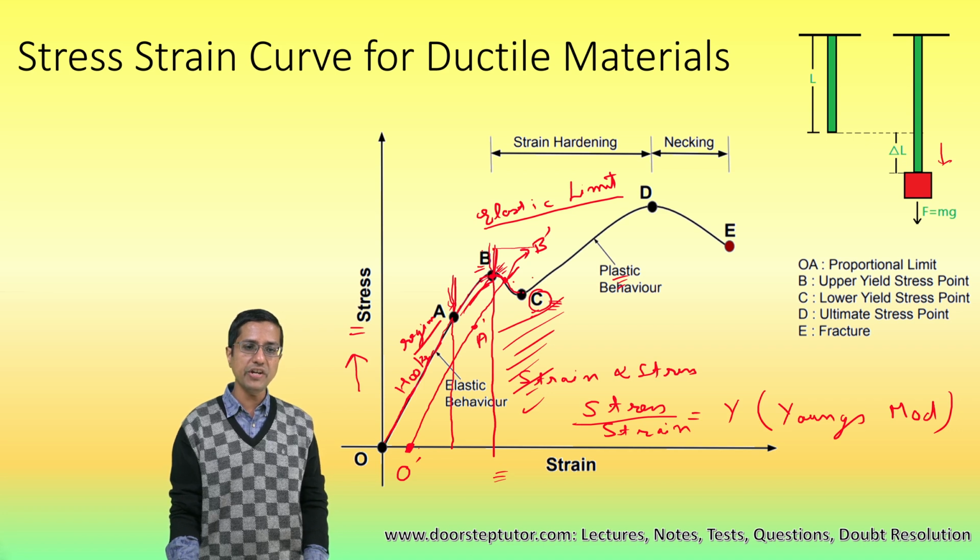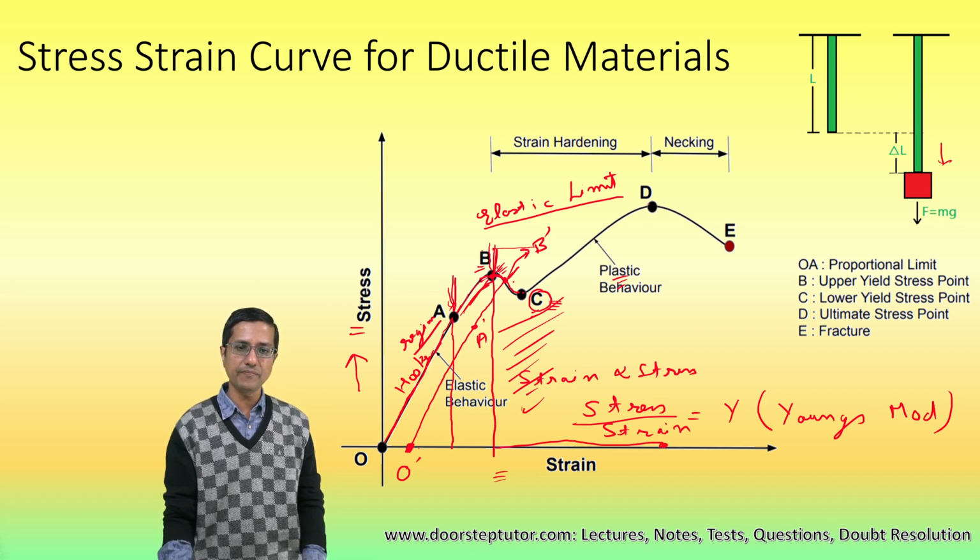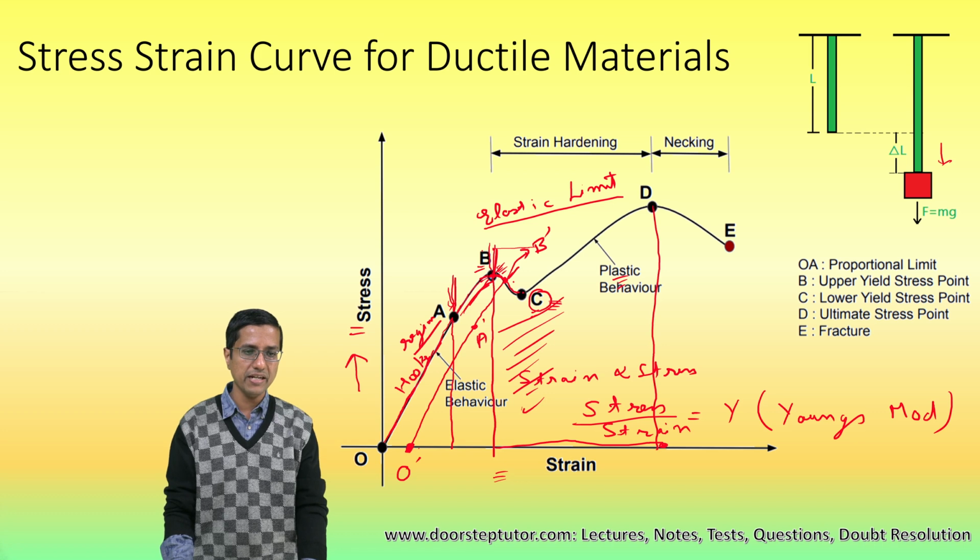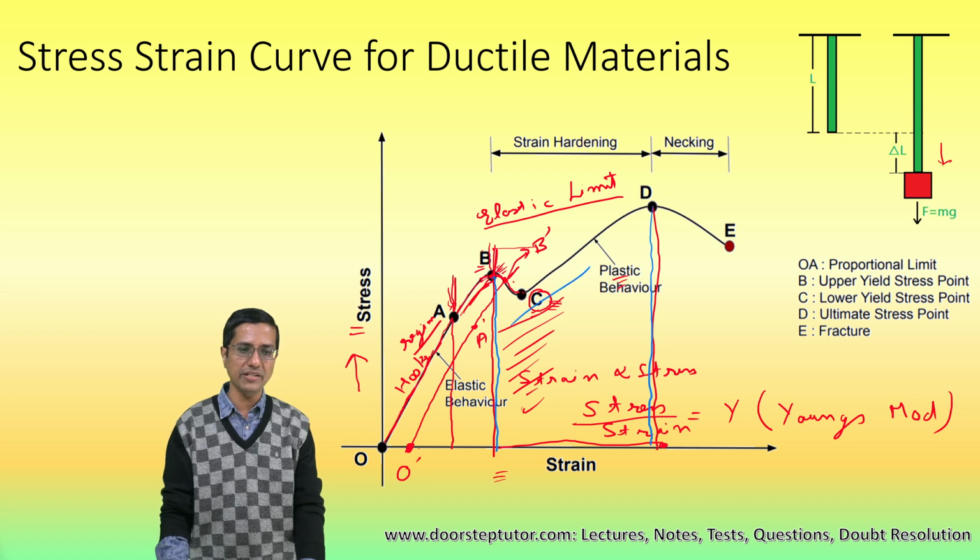Basically in the beginning of the plastic region, this entire region from here on till point D, this is known as plastic region. So we'll just color it differently. From here, point B till point D, this is known as plastic region. Why?